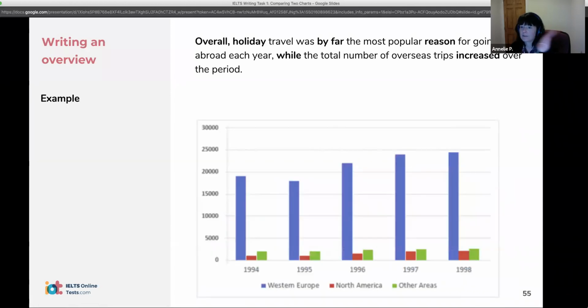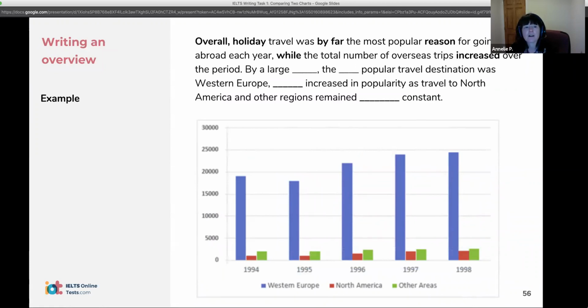And then we're going to follow that with our overview for the bar chart. Okay, so by a large, this is another way of saying by far. We can also introduce by saying looking at the bar chart.